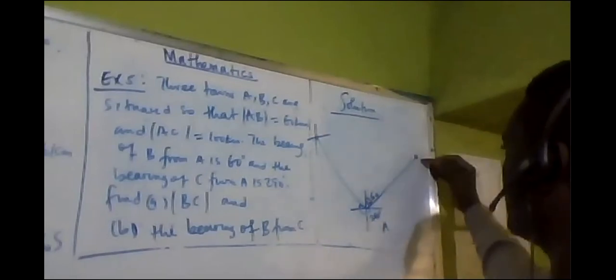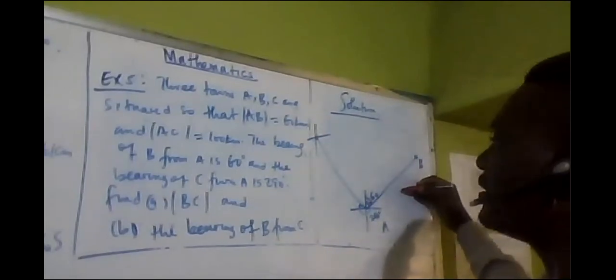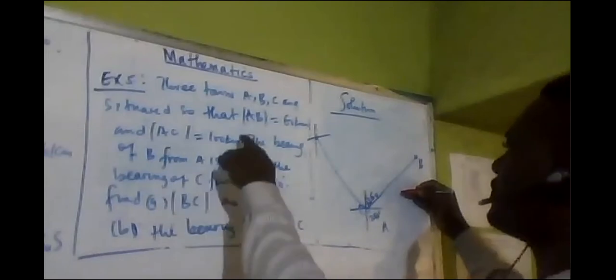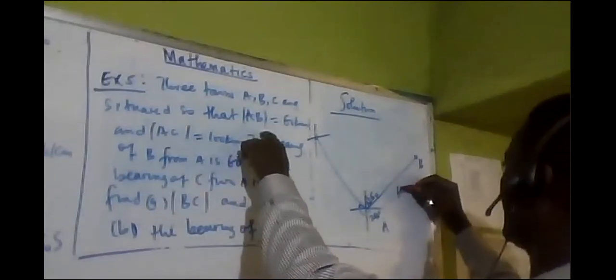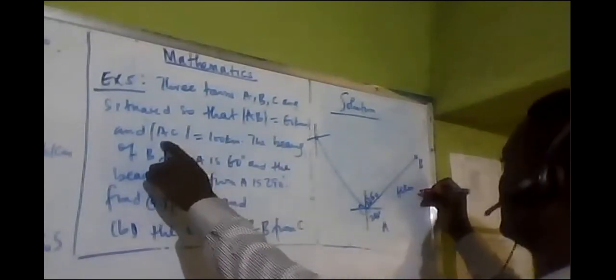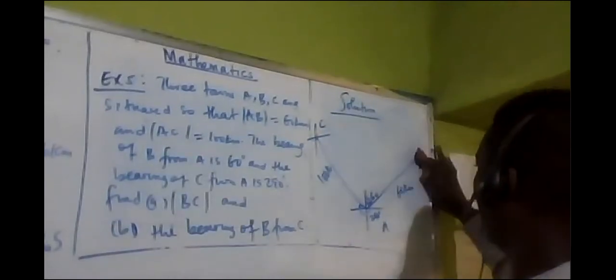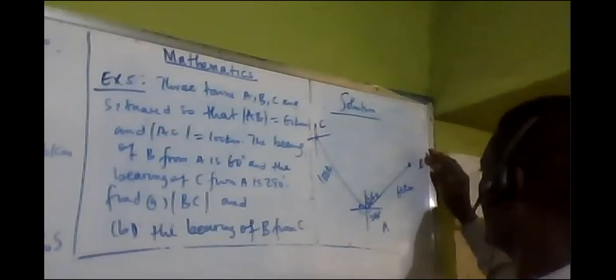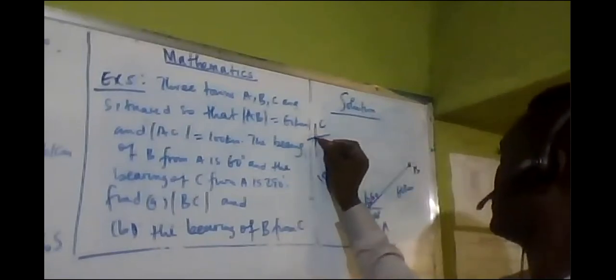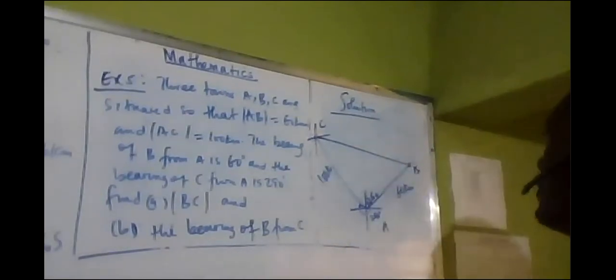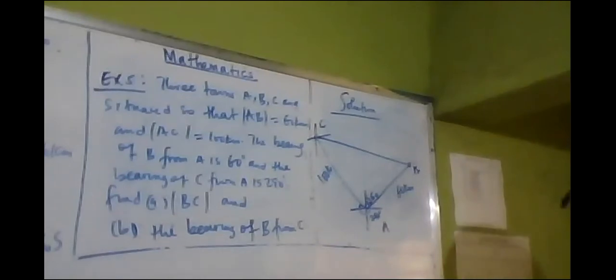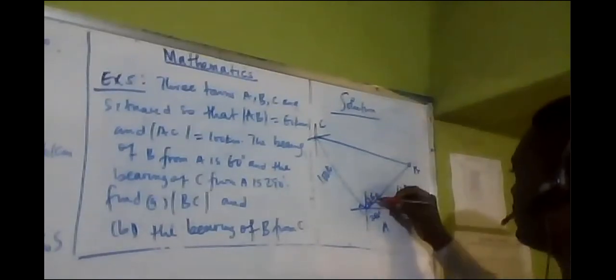This is B from A, which is 60. And what was given to us? AB 60 kilometer. AC is 100 kilometer. So let me make this one a bit shorter. Okay. So it goes like this. Now, how do we get this particular point?